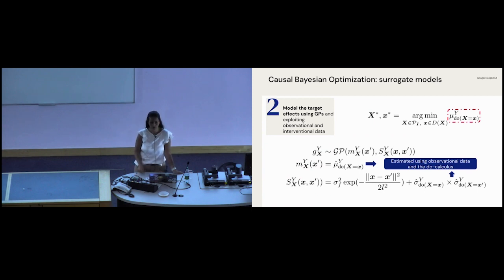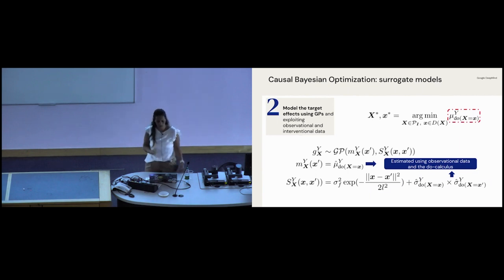Observational data are generally cheaper. They are available in larger quantity. And if causal effects are identifiable in the causal graph, they can be used to get an approximation of your target effect, which is what you want to model.